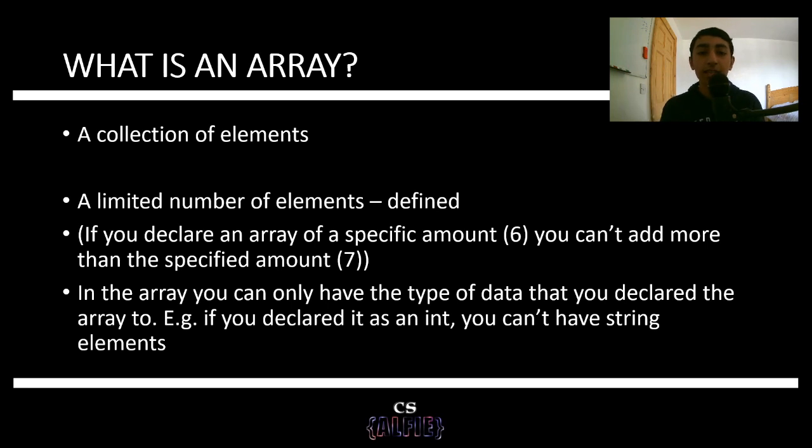And something else that is important is that in the array you can only have the type of data that you have declared the array to. So for example, if you declared an array to be an array of integers, you can't include a string element.